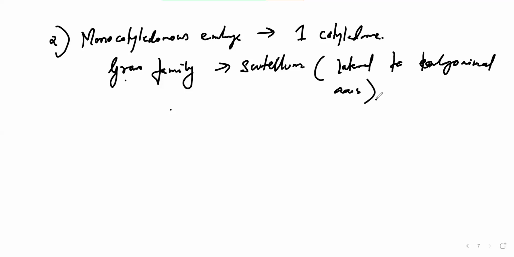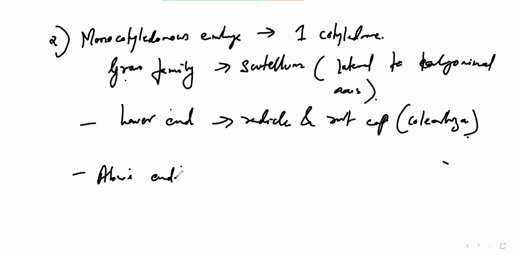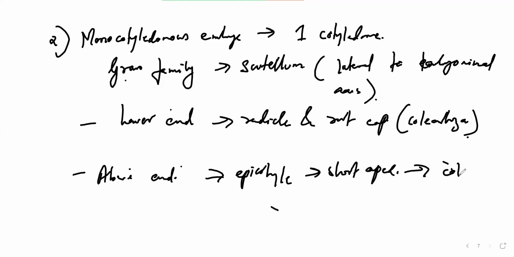At the lower end, we already know, there are the radicle and root cap, which are enclosed in a structure called the coleorhiza. And at the upper end, we have the epicotyl, that is the shoot apex, which is enclosed in the coleoptile.